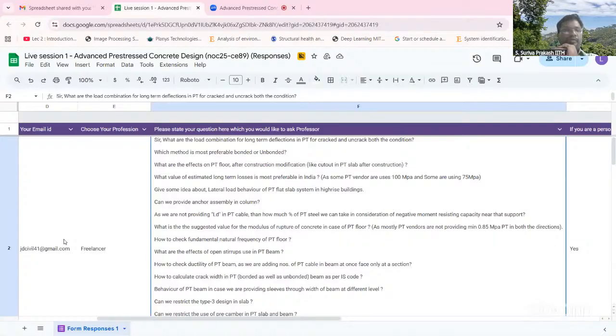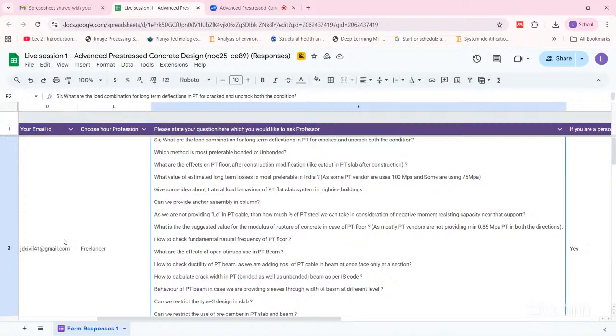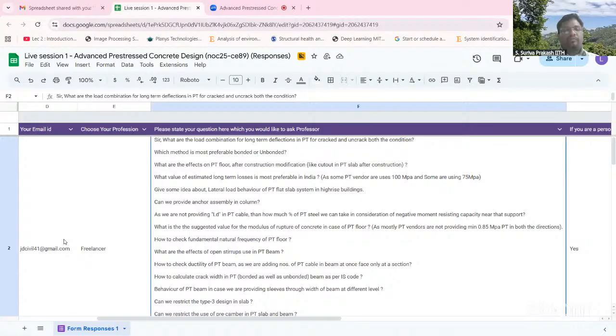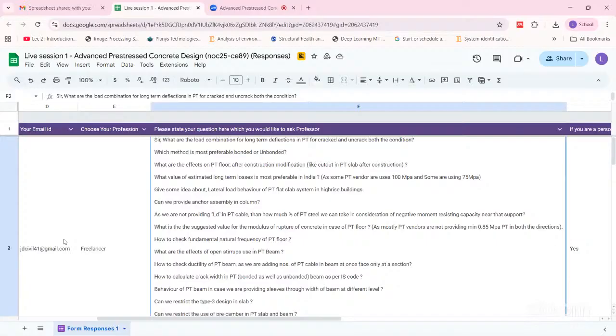Yes, sir. I am thinking if our tendon is passing through three spans and our cutout is in mid span, so we cut the cable from the mid span of the three continuous panels. Then the continuous cable splits into two parts.